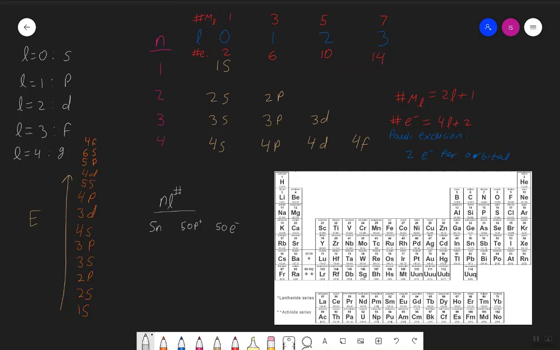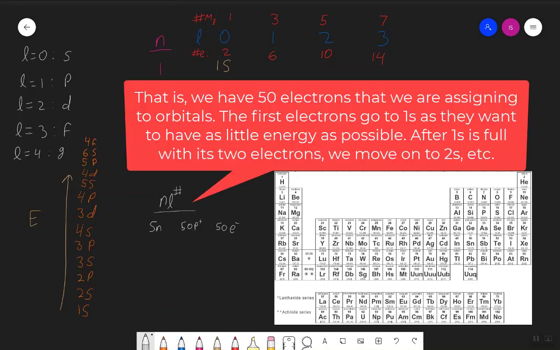The only other thing we need to know is that electrons will naturally go to lower energies, right? So we're going to want to fill up these lower energy levels. Like 1s will get filled up before 2s, which will get filled up before 2p. We'll fill up these before we can move on to the next energy level.